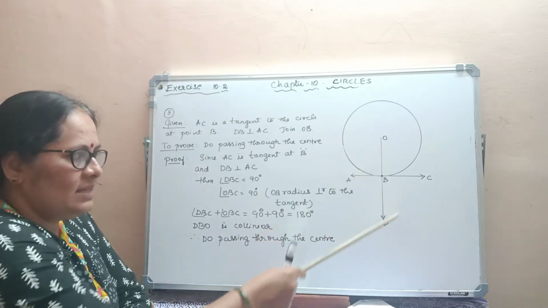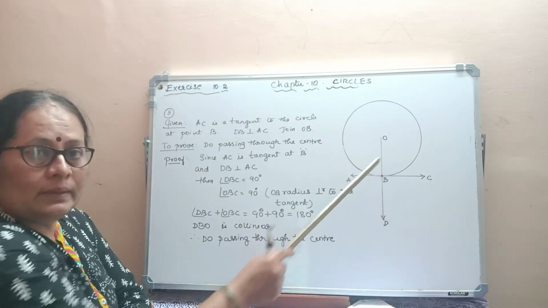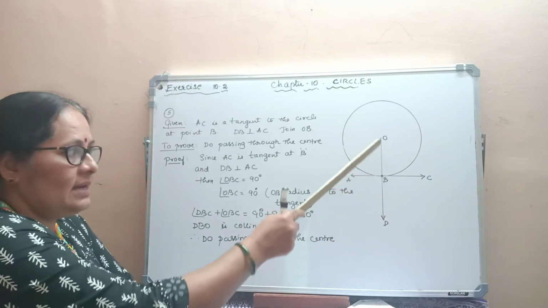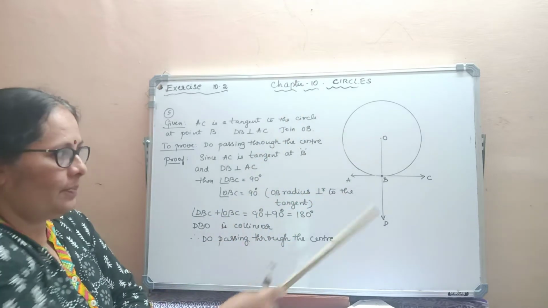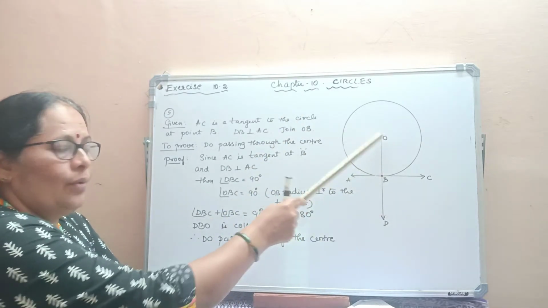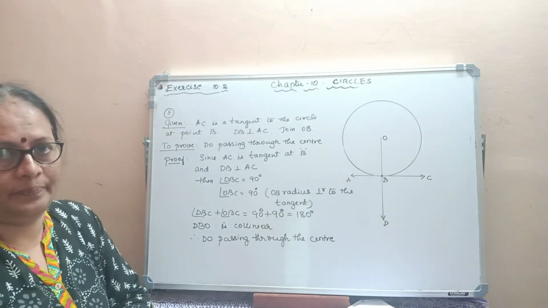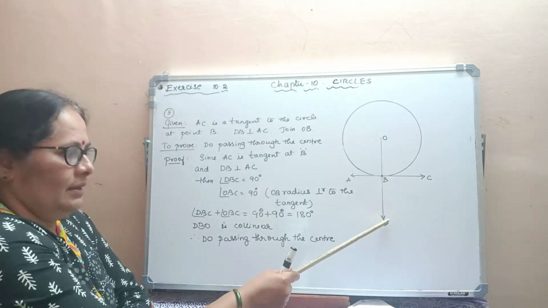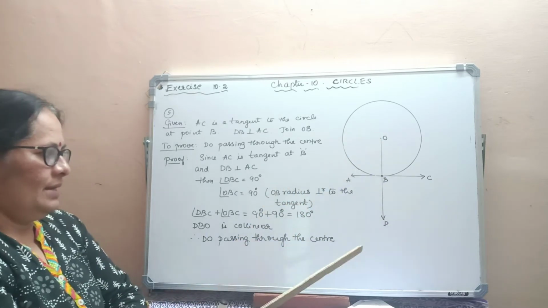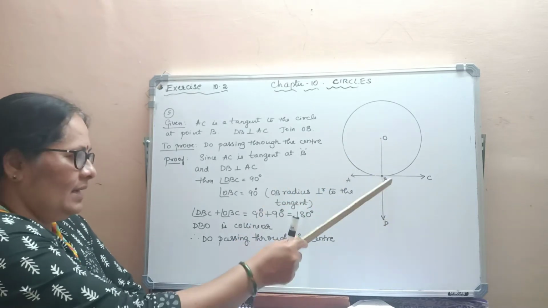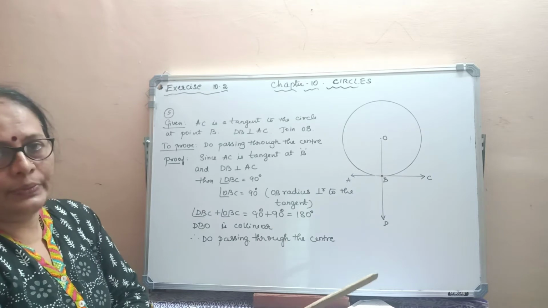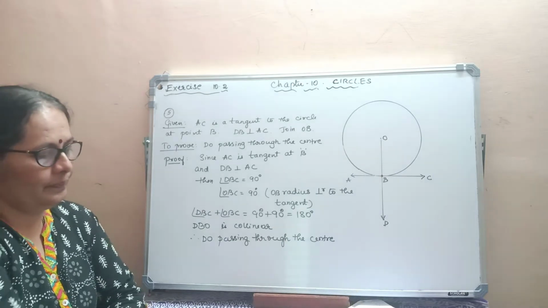So OBC plus DBC is equal to 180 degrees. It means D, B, O are collinear points lying on the same line. So DBO are collinear. It means that DO is passing through the center.